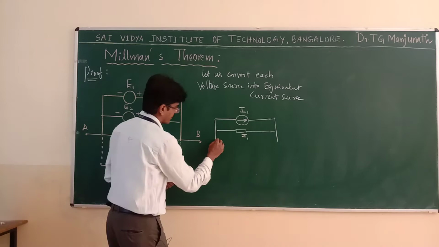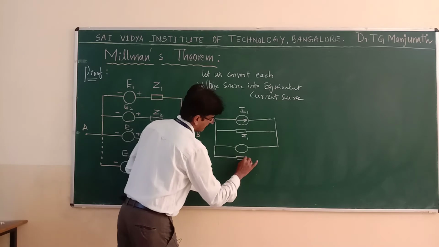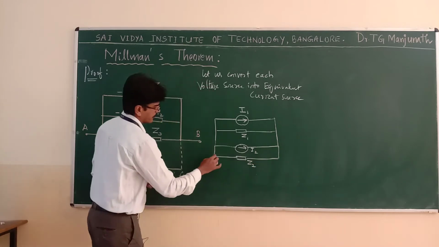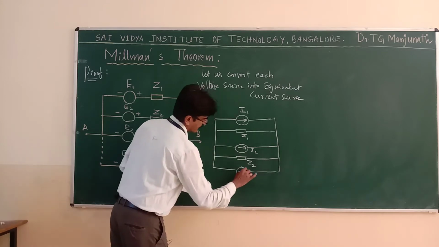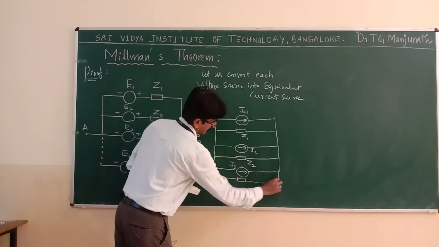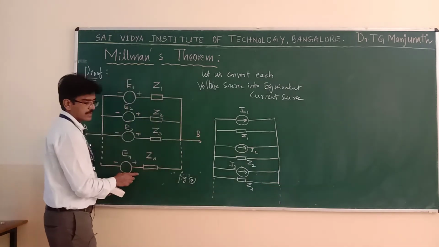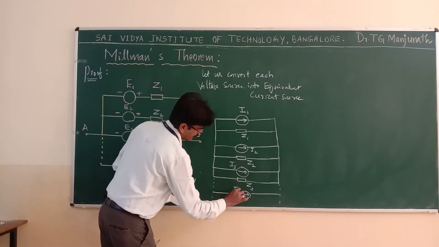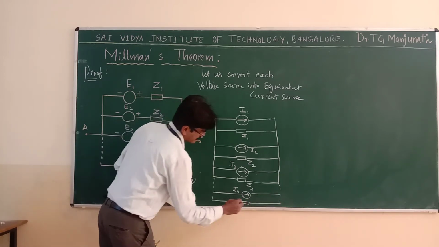Similarly, you convert this into a current source in parallel with an impedance. Let this current be I2 and the impedance Z2. Again similarly convert this into a current source I3 in parallel with an impedance Z3, etc. Now this one is a current source IN, because this is EN, in parallel with an impedance Zn.